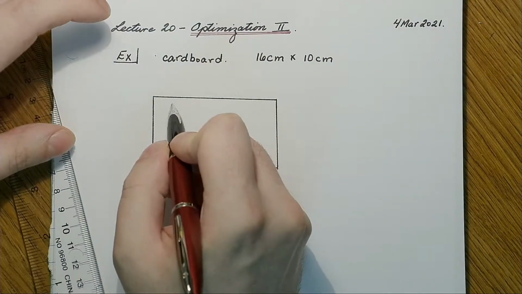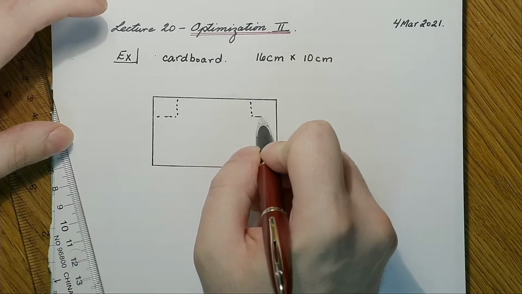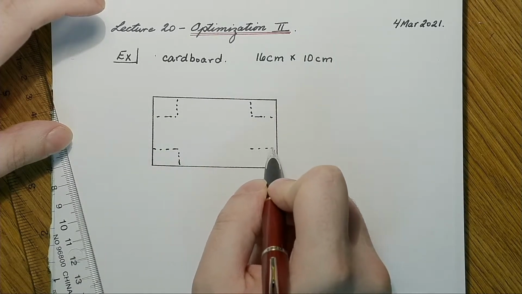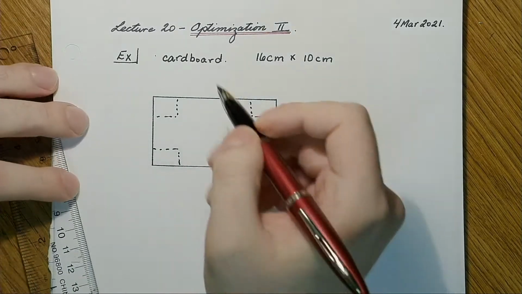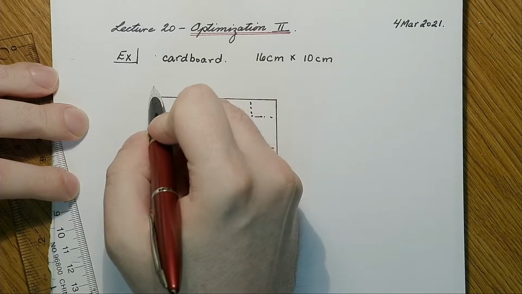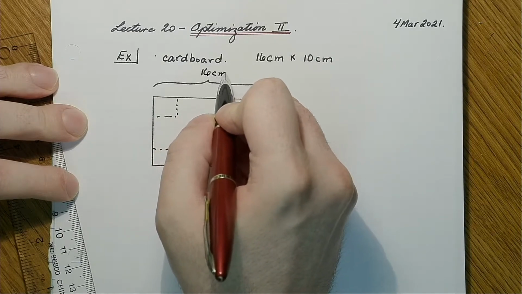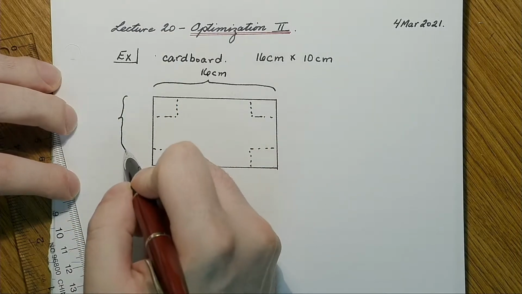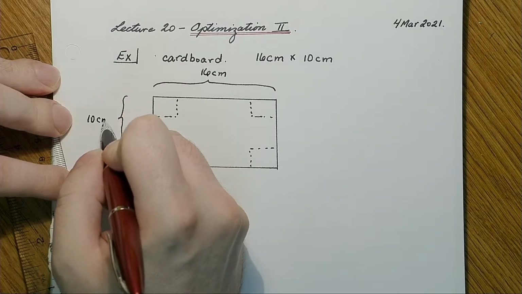I have a little cardboard here, and the idea is I'm going to cut out identical tabs here, identical tabs here, and identical right here. And I already know we're going to say that the long side on this side here is 16 centimeters. This is 10 centimeters.